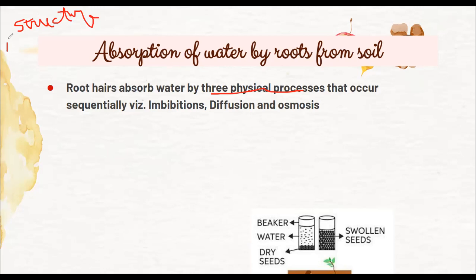Then what type of water will be taken up by the root hair, that is the capillary water. And now how the absorption will take place: either through imbibition, diffusion, or osmosis. So let's begin. The first type is imbibition.